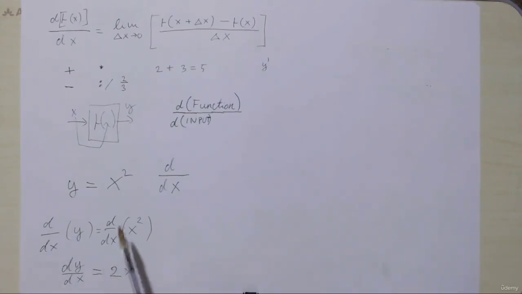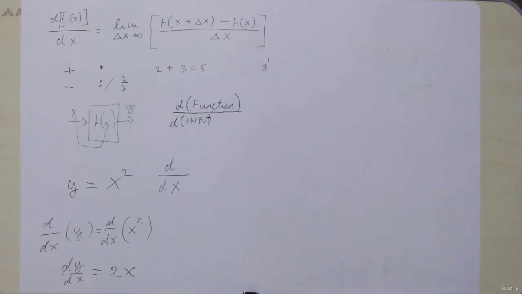You have some kind of function and you apply some kind of operator to it, and then you naturally see, because you treat it as a ratio, dy over dx equals 2x, which is the derivative of x squared.